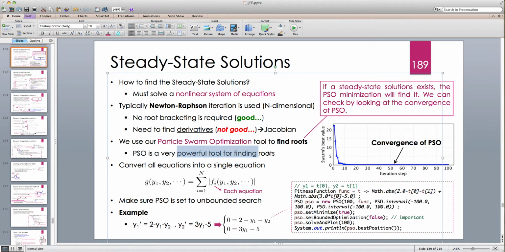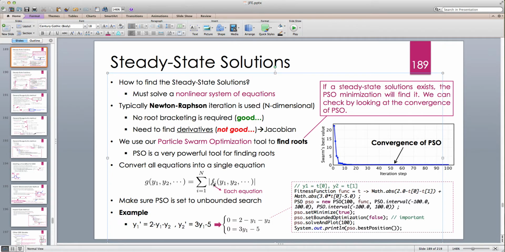Then we just have to translate our system of equations into one single function, because PSO, if you recall, had one fitness function that it was minimizing or maximizing. We want to ensure that the zeros, the solution of our system of equations fi, which is f1, f2, up to fn, are where the minimum of the fitness function happens.